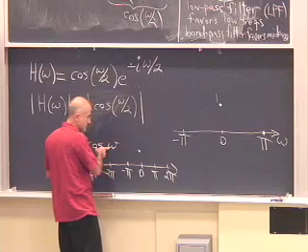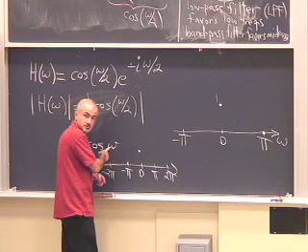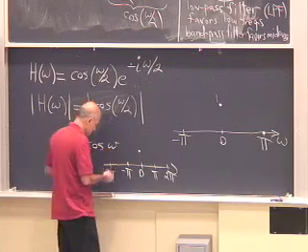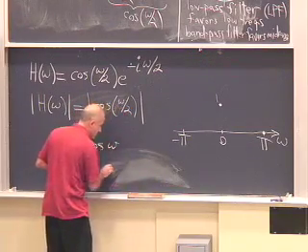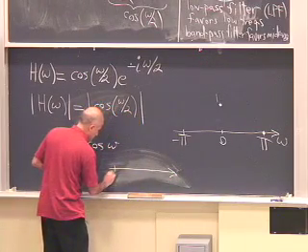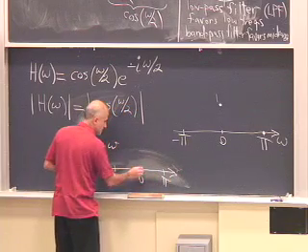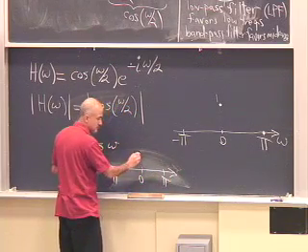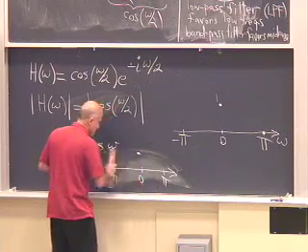And where does it cross 0? Actually, maybe this is a little confusing. Let's do it this way. Let's do minus pi to pi, 0. Okay, so it's 1. And then what?